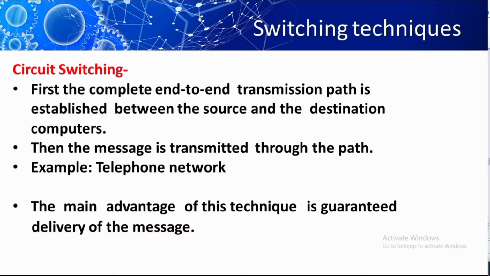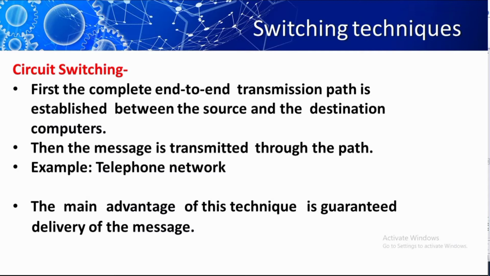In circuit switching, a complete dedicated end-to-end transmission path is established between the source and the destination computers. Then the message is transmitted. After transmission of the message, the circuit gets disconnected.